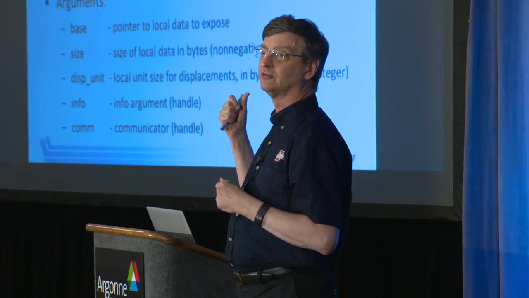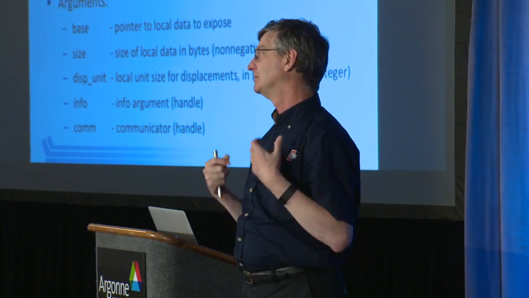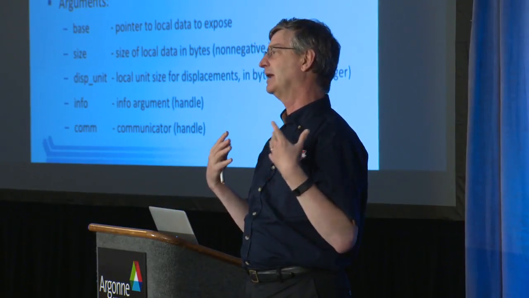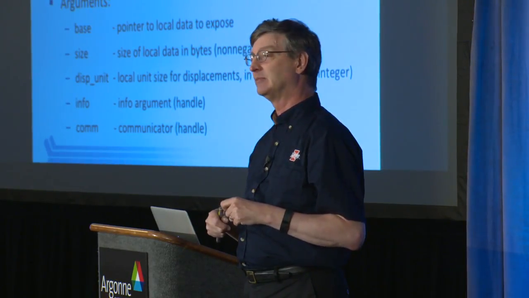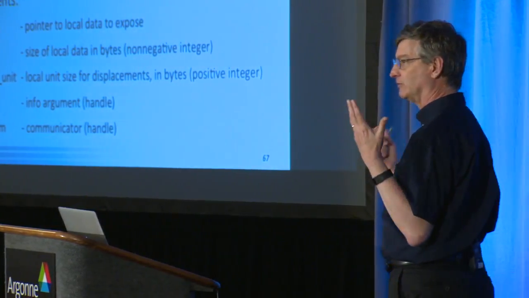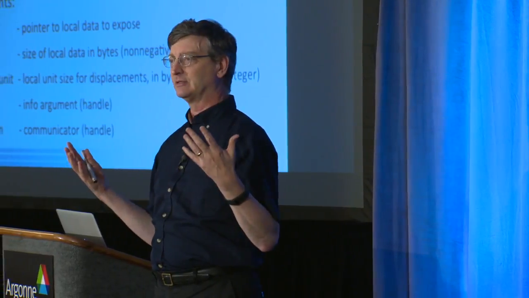But one of the big uses is for RMA. It allows you to pass additional information where, for example, the user can say something about how they are using the one-sided, and that can allow the implementation to optimize for it. As a general key value bag, it's very extensible.